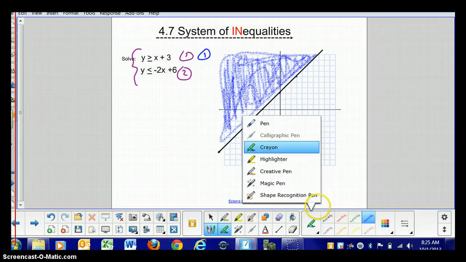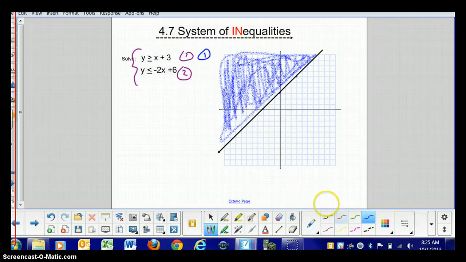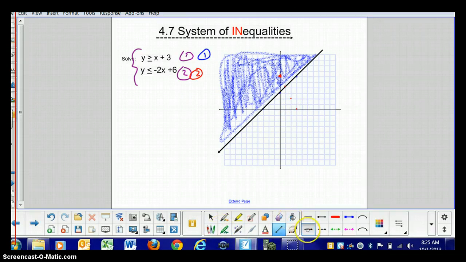Let me do it again. I'll go red for equation number 2. Y is less than or equal to negative 2x plus 6. 3, 4, 5, 6. Negative 2, so down 2 over 1. Oh, there's the point of intersection. If these were equations, that point right there would be my solution. Let's draw the arrows back in.